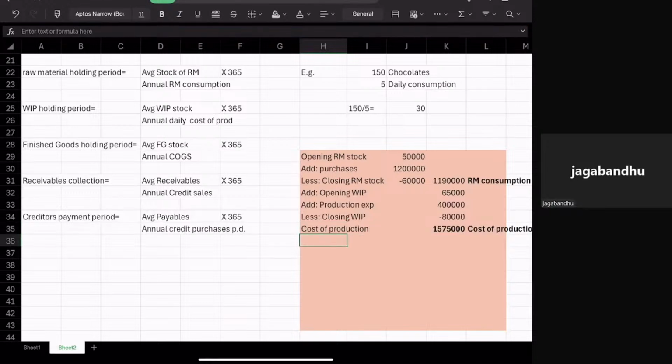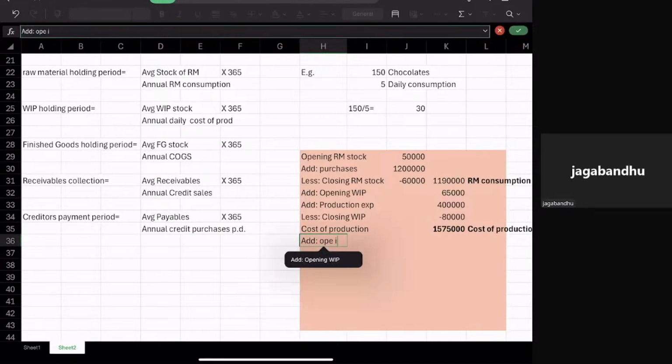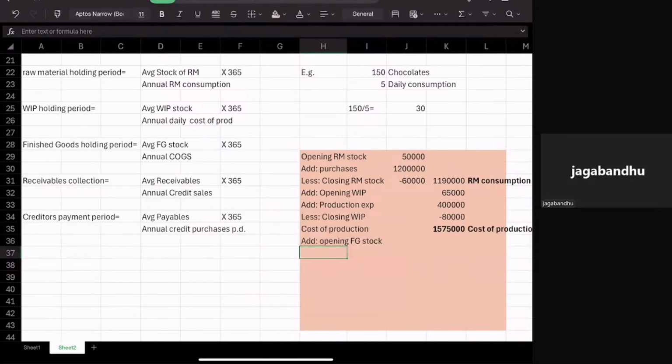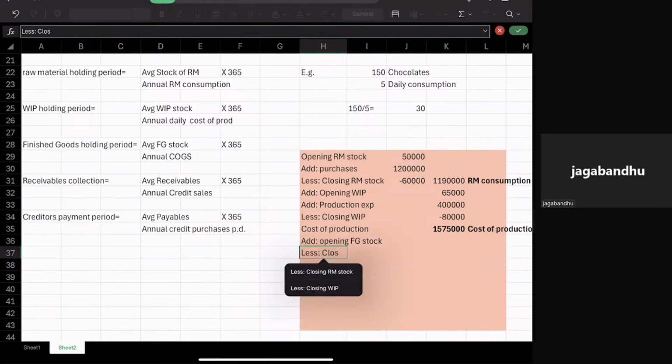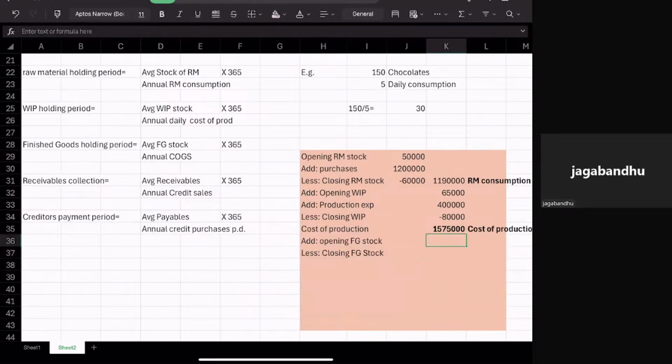Okay. Now to that you add opening finished goods stock, and from that you reduce closing finished goods stock. So opening finished goods stock less closing finished goods stock.